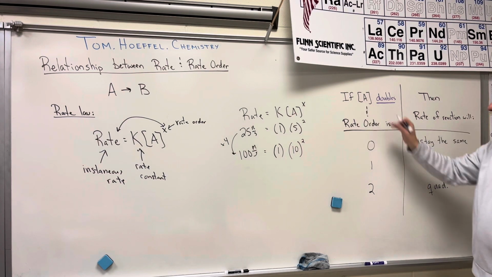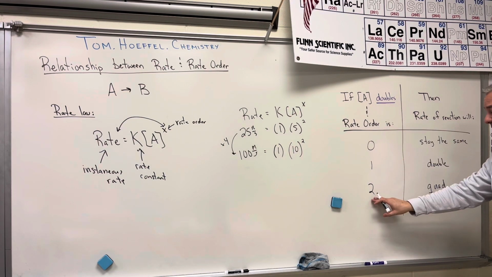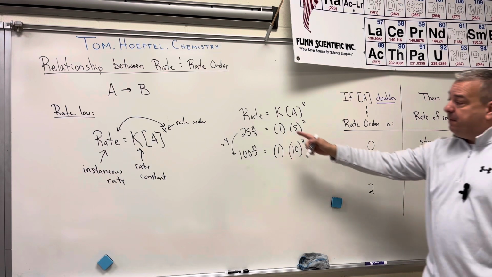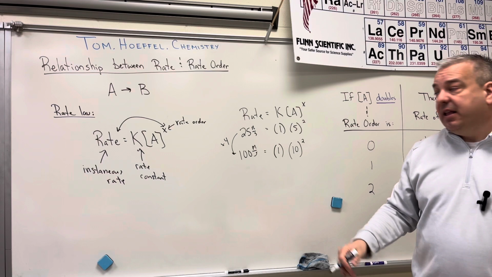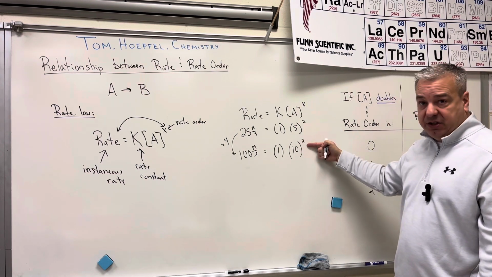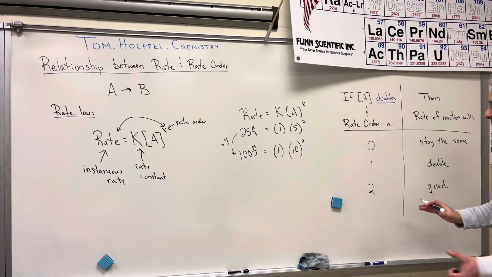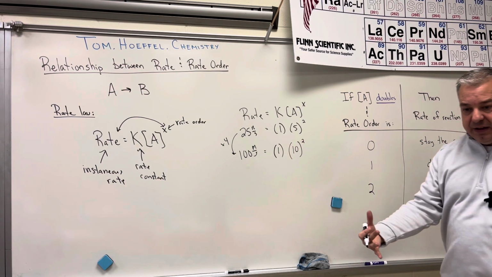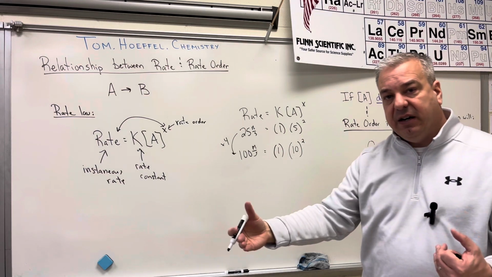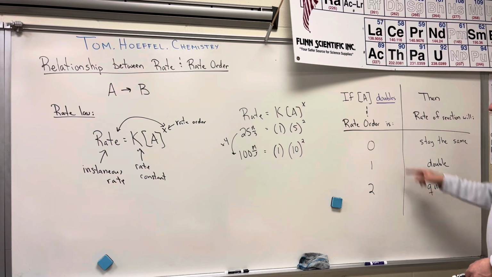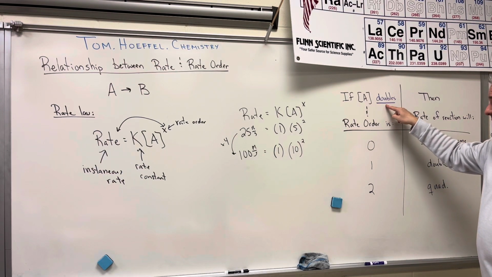So if A doubles and the rate order is 2, you'd expect that your reaction rate would be 4 times faster if you double the concentration when the rate order is 2, okay? So like I said, we're going to use this information qualitatively in our next video series where we're comparing reaction rates, and what happens when you double the concentration.